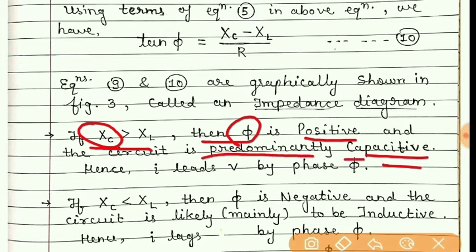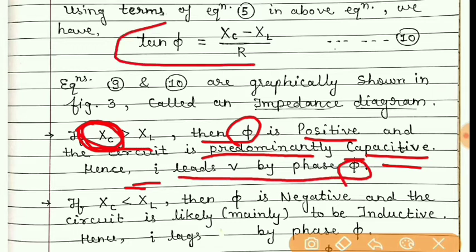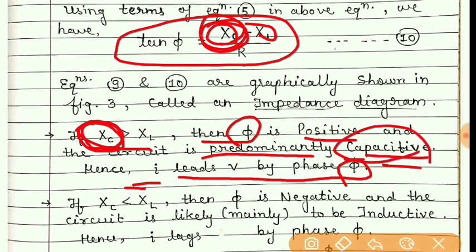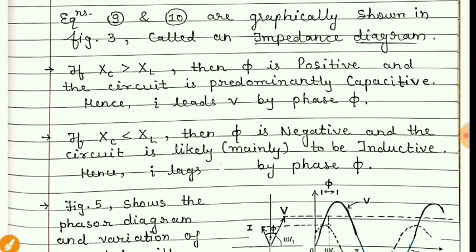Predominantly capacitive means it mostly behaves as a capacitive circuit, and we know that in a capacitive circuit current I leads the voltage by phase phi. So this is for the condition that XC is greater than XL. So XC has more effect, so it is a capacitive circuit.